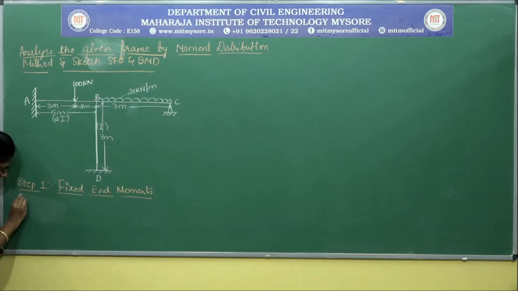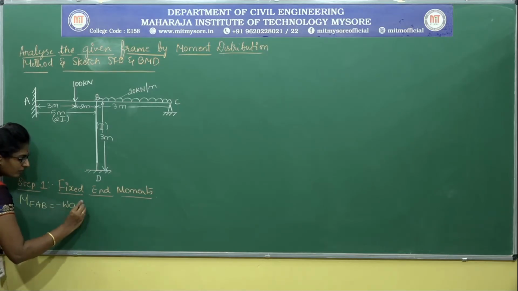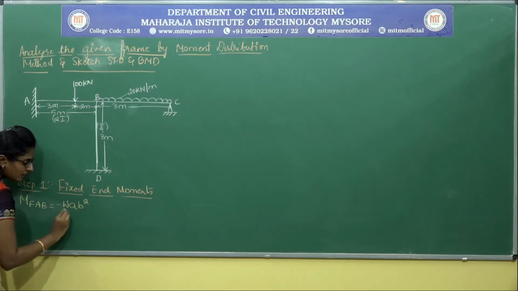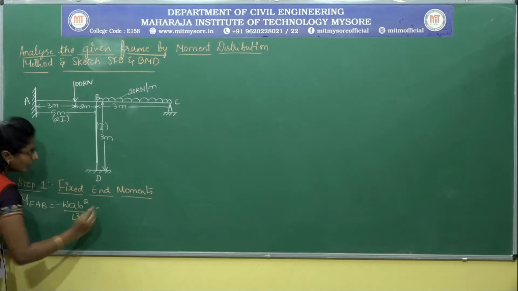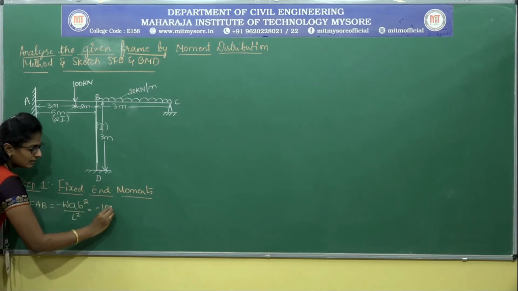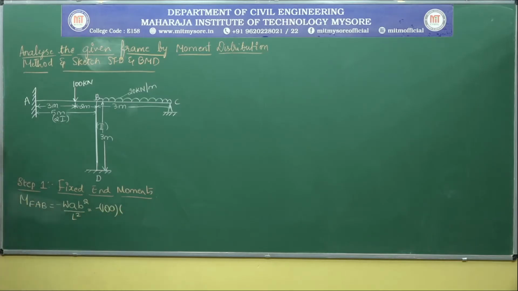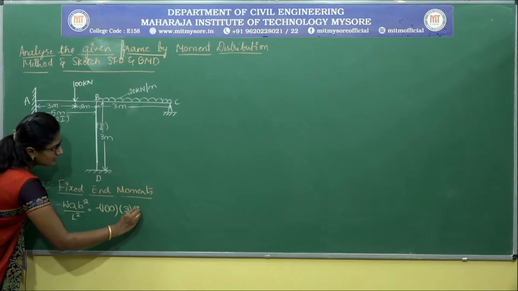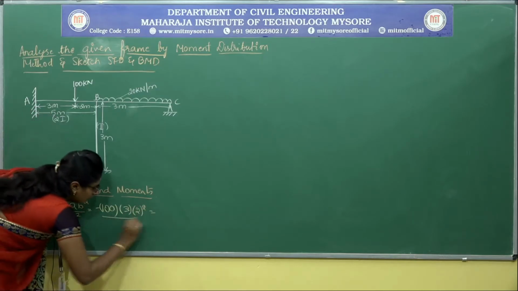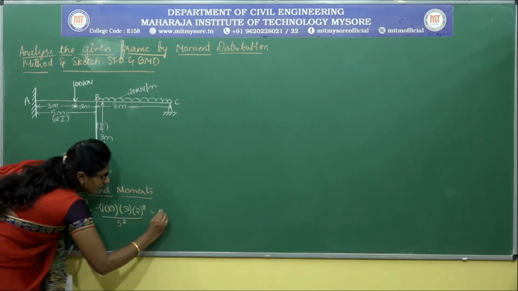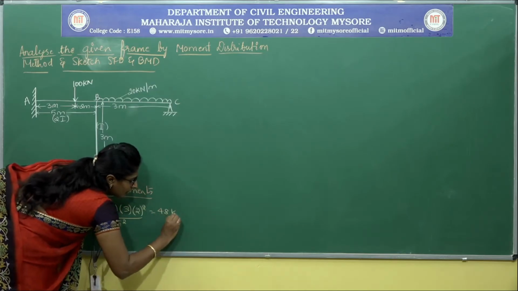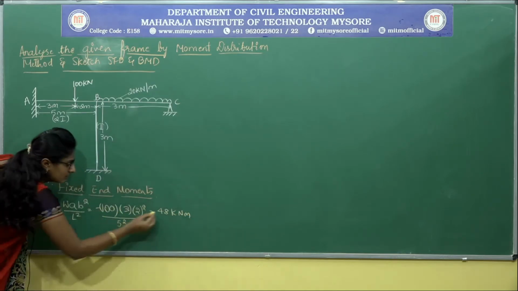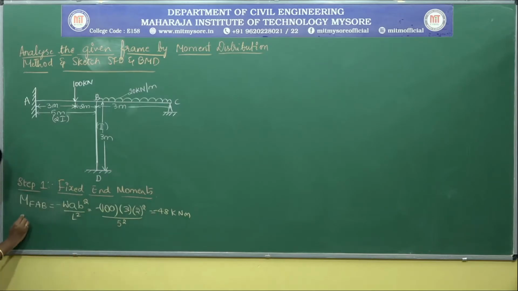So here MF AB is equal to minus W a b square by L square, where the load is 100 kilonewton, a is 3 meter and b is 2 meter, divided by distance 5 square, will give you 48 kilonewton meter, which is negative.